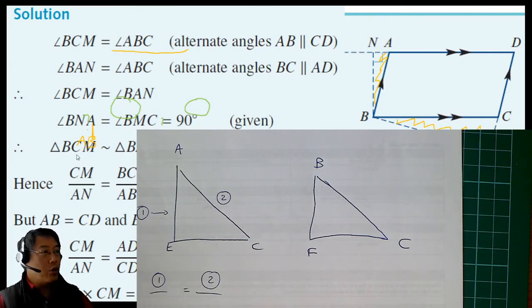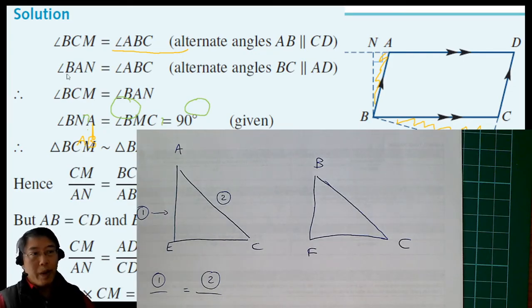So you end up with those two triangles being similar. We can write the ratios of the lengths. Now that's coming from a parallelogram. And you substitute AB and BC, and you end up with that relationship in terms of M and N, and we can write it as a product, and this is what you need to prove.